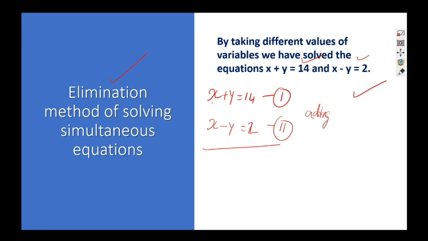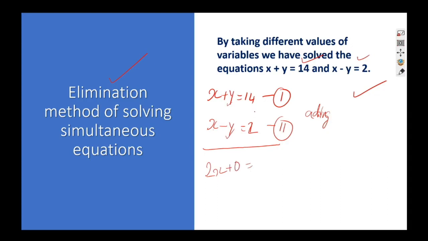How to add? x plus x. That's why addition, subtraction, multiplication and division of algebraic expressions, studied in 7th standard and applied in 8th standard, are going to be useful here. x plus x is equal to 2x, y plus minus y will total 0.